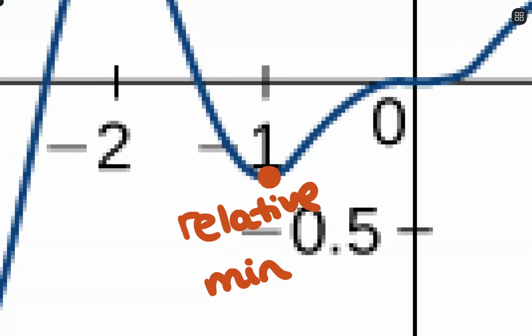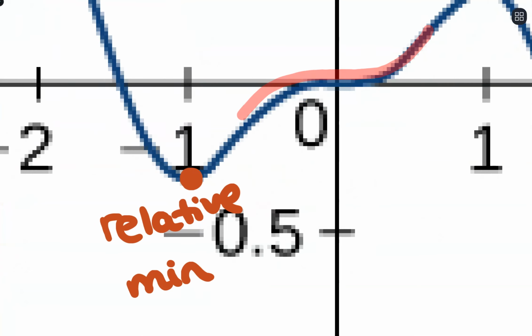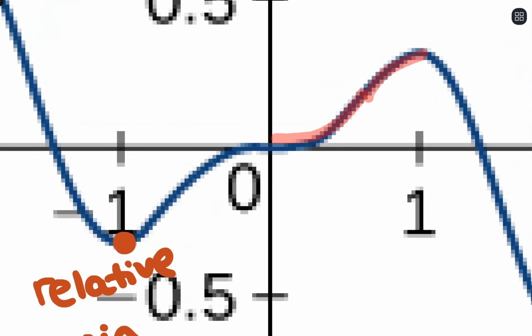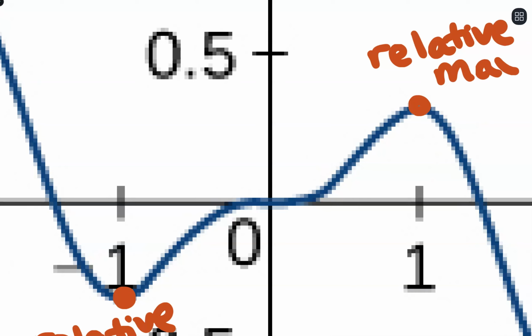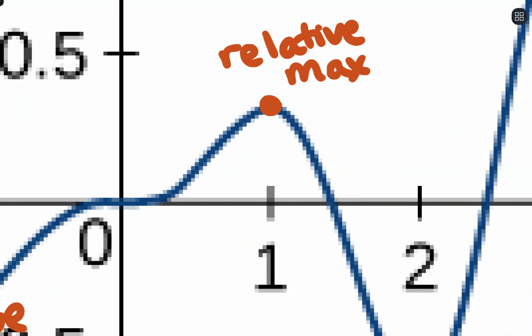And then we're increasing, we flatten out a little bit, then start increasing again, and then we hit this relative maximum right here. So we can have more than one relative max or min, and they can be happening at different spots, but it's more about this zoomed in behavior. And then here's another relative minimum.